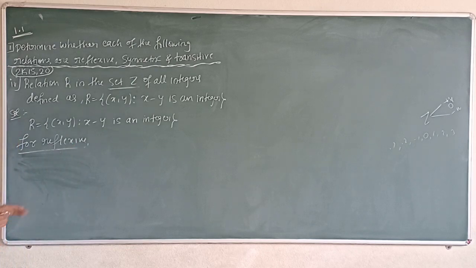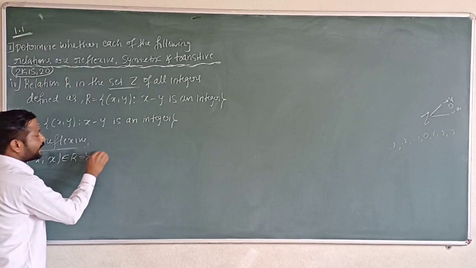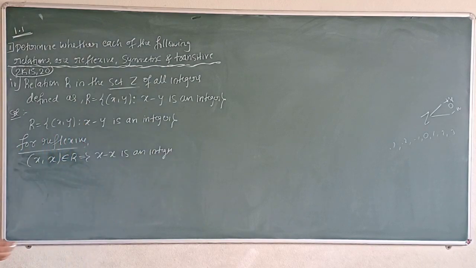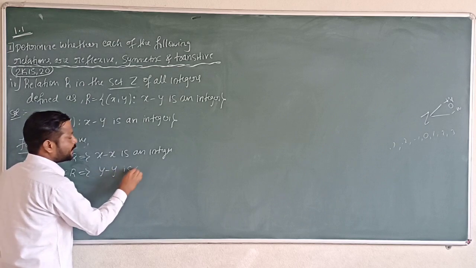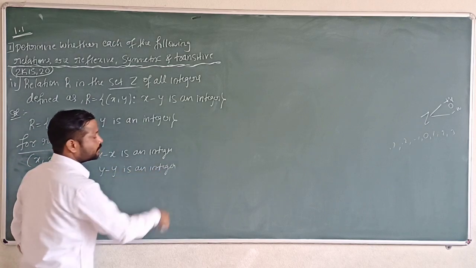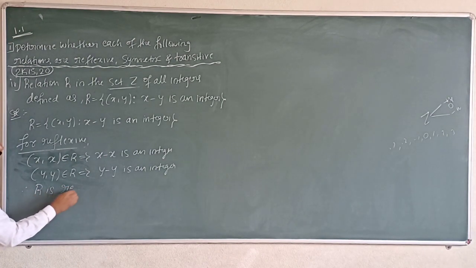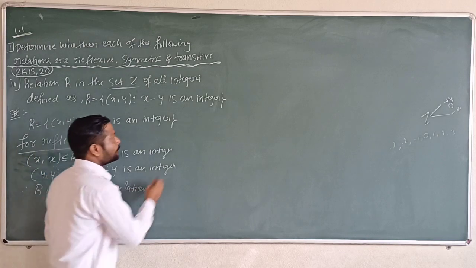In general form, x comma x belongs to R implies x minus x is an integer, and y comma y belongs to R implies y minus y is also an integer. So therefore R is a reflexive relation.